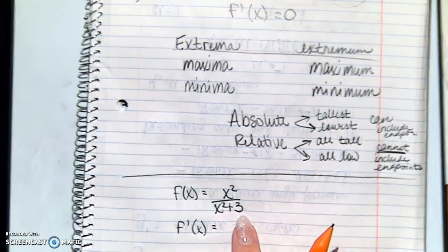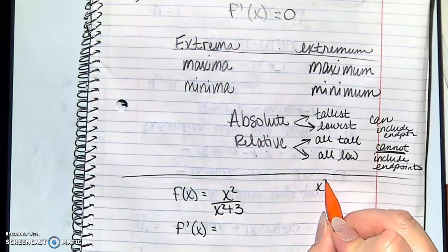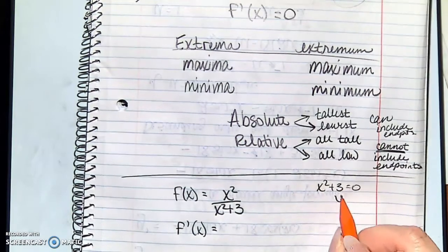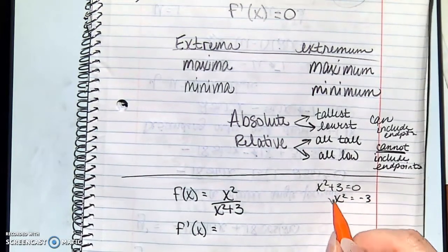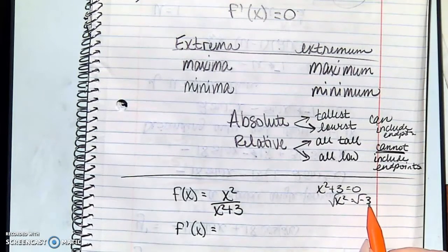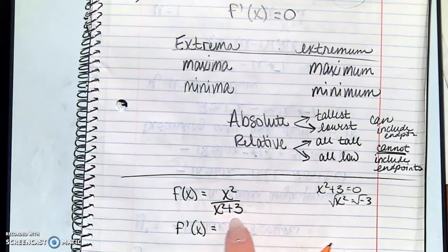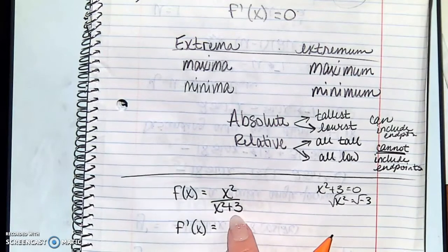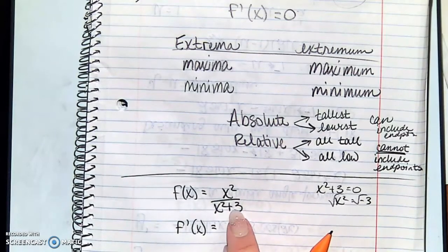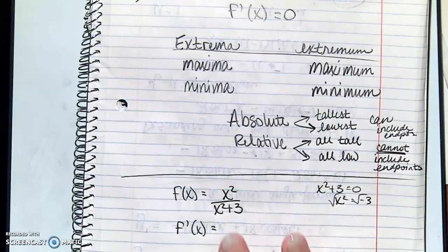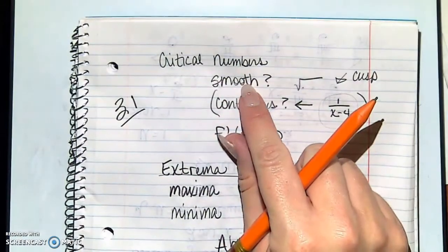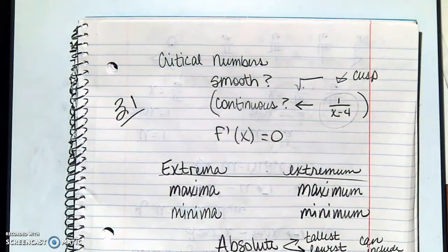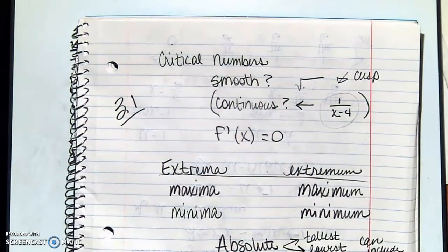Can I make my denominator equal 0? Well, if you try to, you're going to find out that you have to take the square root of a negative number, which is imaginary, so it is impossible for this denominator to equal 0. So we have addressed a couple of things. Is it smooth? Yes. Is it continuous? Yes, because there's no place where my denominator equals 0.